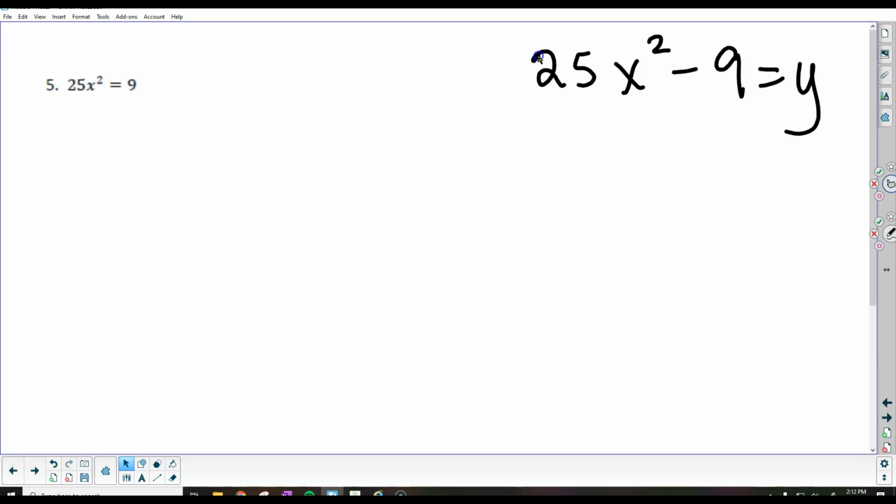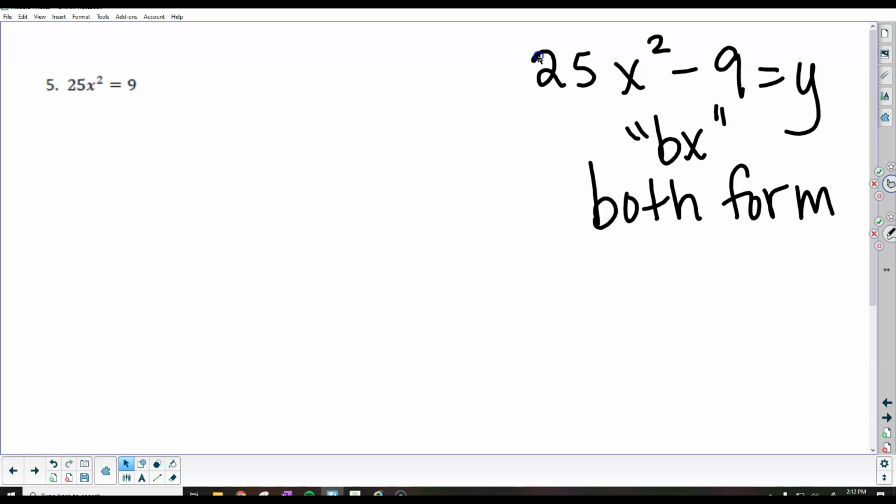The bx is missing. When the bx is missing, is it in standard form, vertex form, or both? If you didn't know that, you need to write that down, where it says solve by roots.